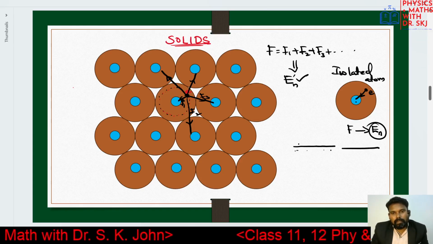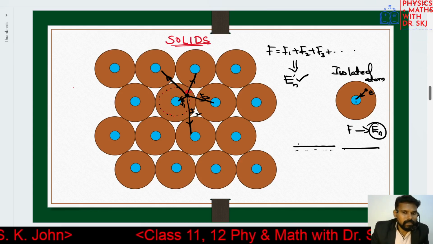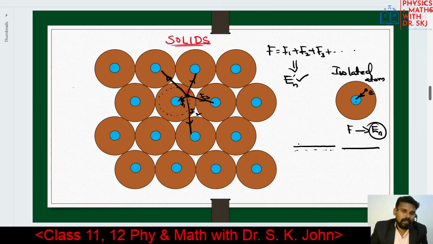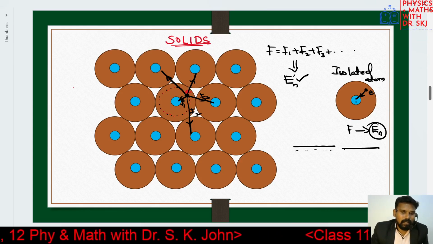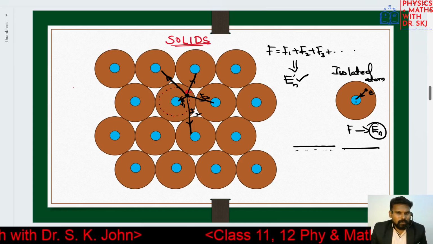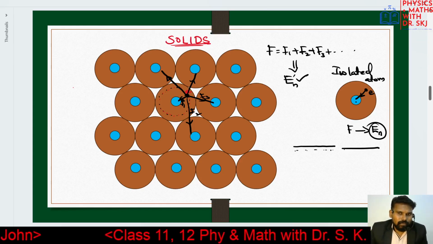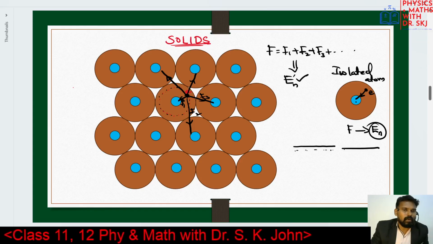The energy level will be different from this. There will be a shift in the energy level because the energy is determined not only by the nucleus of that particular electron, but also by the nuclei of neighboring atoms. So the energy levels of an isolated atom and the energy levels of an atom in a solid are different.